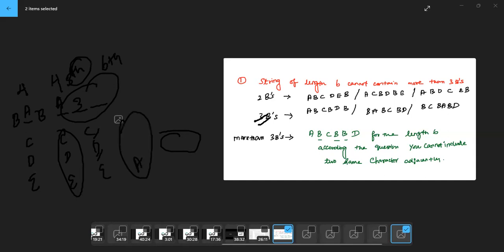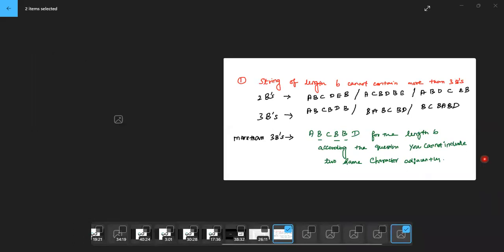Assume you are using C in the fifth position. You're not to use the same C in the sixth position, but you can use D, E, or A, right? So you are having three choices in the fifth position and three choices in the sixth position, which means 4, 4, 3, 3. So you're having 4 square into 3 square, which would give you the result as 144.